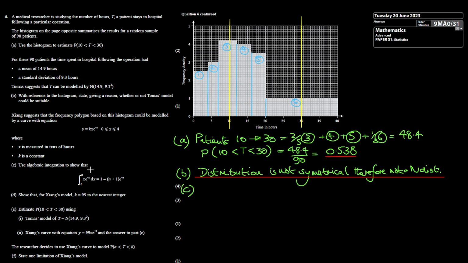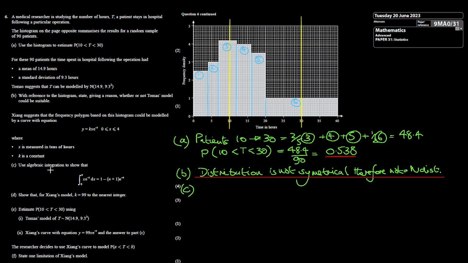Question C takes us more into pure mathematics than statistics. We've now got Yang suggesting that the histogram could be based on a curve, kx e to the minus x, where x is between 0 and 4, x being measured in tens of hours, which covers our original plot from 0 to 40 hours.